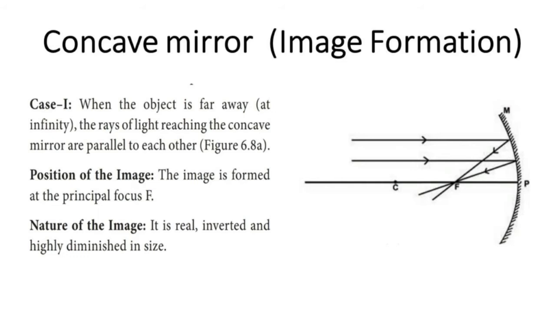When the object is far away, at infinity, the rays of light reaching the concave mirror are parallel to each other. So the image is formed at the principal focus F. The nature of the image is real, inverted and highly diminished in size.